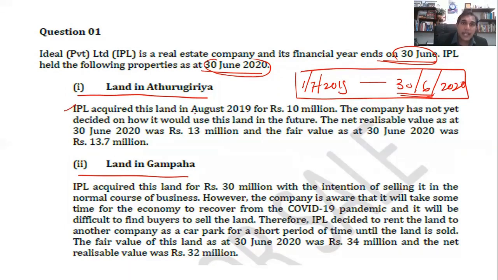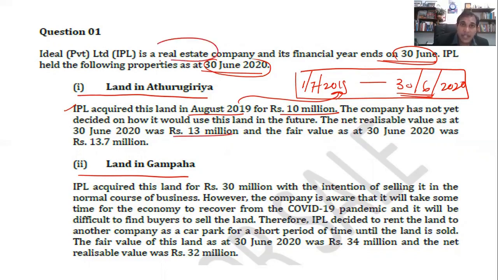IPL acquired this land in August 2019, so somewhere inside this financial year, for 10 million. That is the cost of the land. The company has not yet decided how it would use this land in the future. The net realizable value as at 30th June 2020 was 13 million.